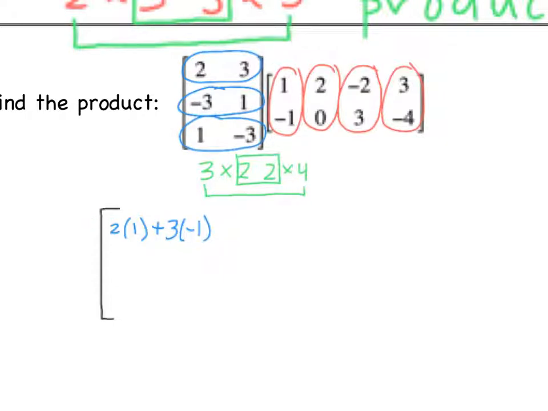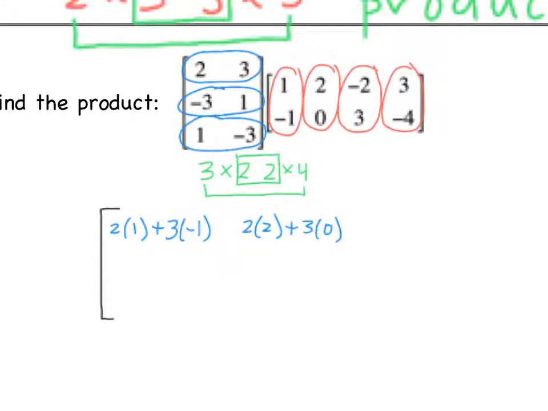Now we're going to take row 1 and multiply it by column 2. First element times first element, that's 2 times 2, plus second element times second element, 3 times 0. Now row 1 times column 3.